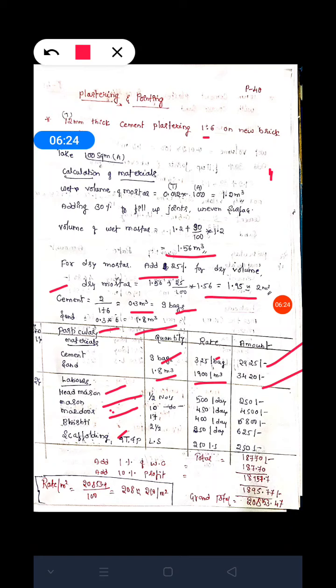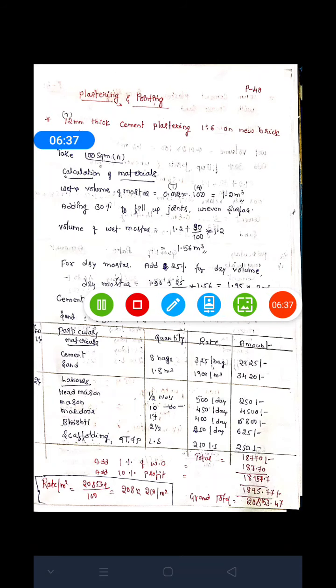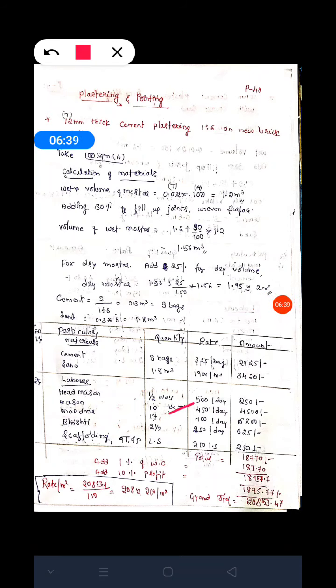Mason is around half number required per day, and you make it around 500 rupees per day. Half into 500, then the total amount is around 250. Next, similarly, mason 10 numbers, and you make it around 450 rupees per day. Then 10 into 450 is 4500.